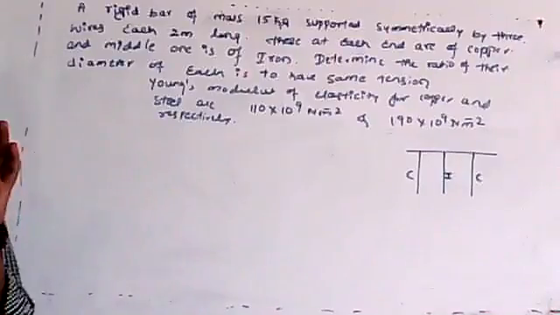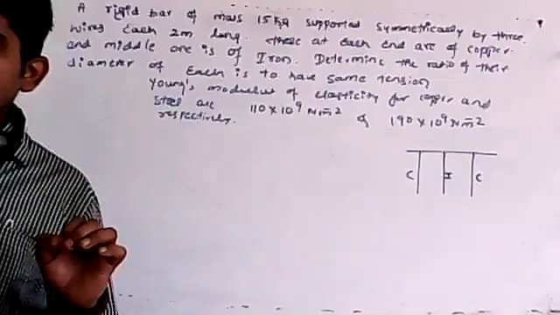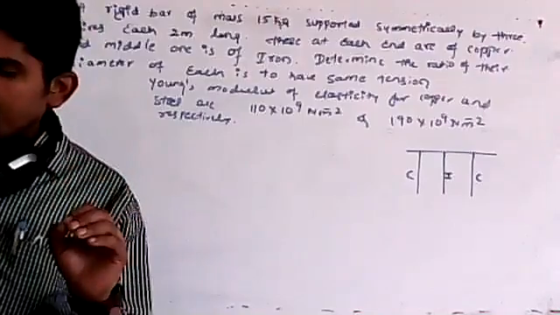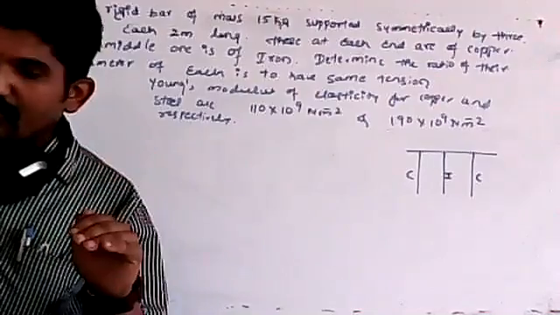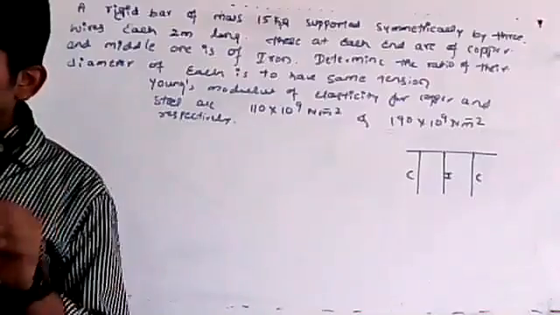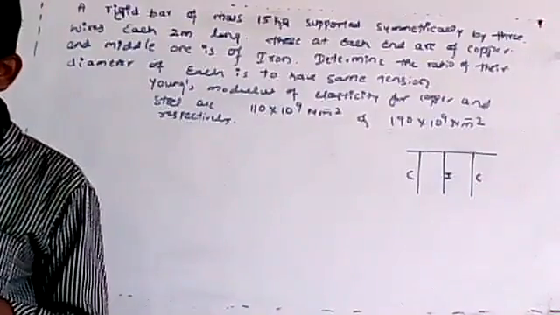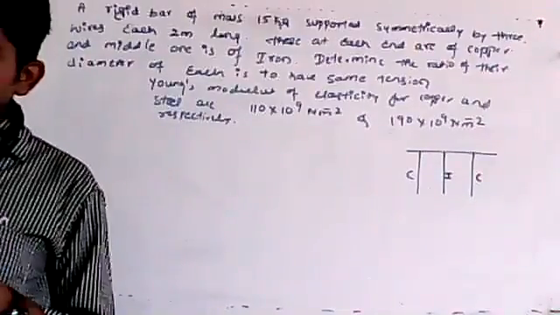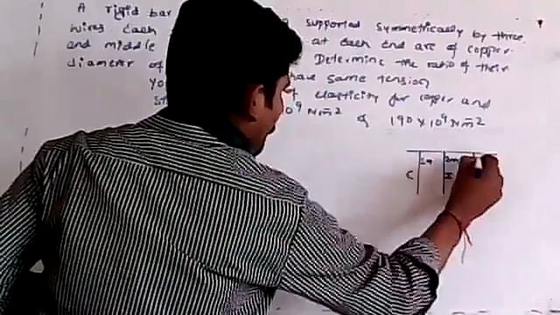Determine the ratio of their diameter if each is to have the same tension. This is very important: same tension will be created on each wire. Young's modulus of elasticity of copper as well as steel is given, and the length of each wire is given, that is 2 meter each.